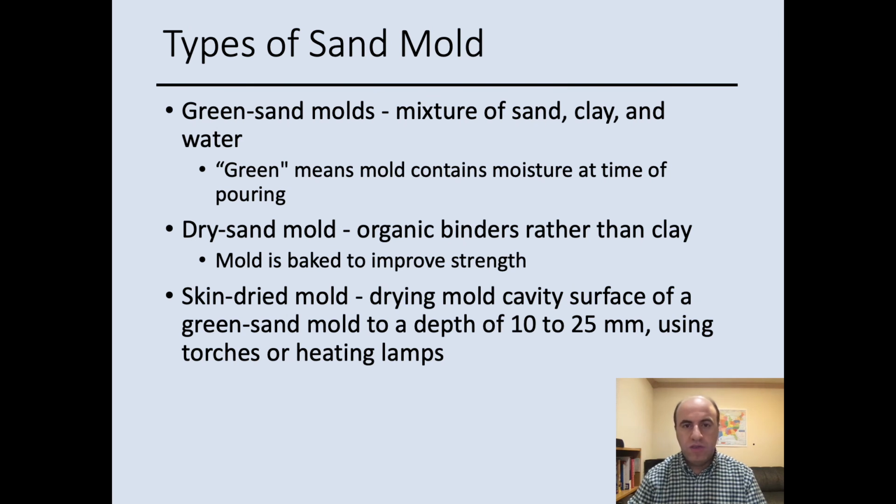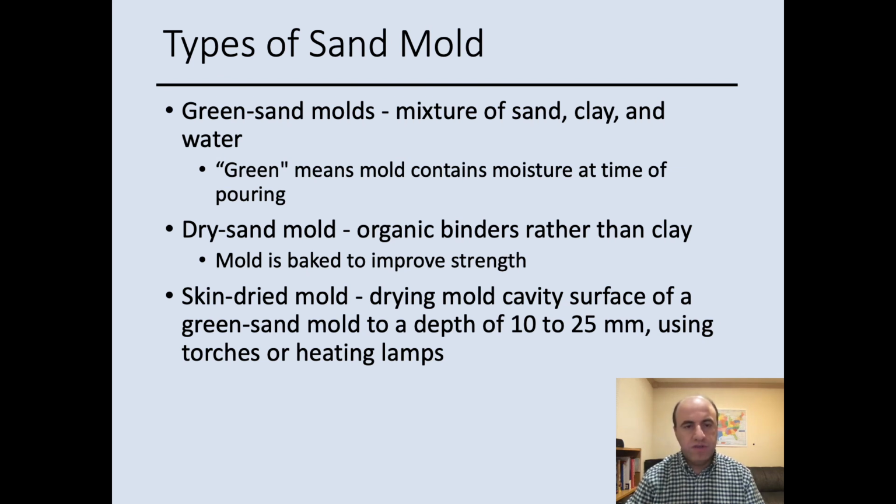There are three types of sand mold. One is a green sand mold, which has a mixture of sand, clay, and water. The word green means the mold contains moisture at the time of the pouring process. The next one is dry sand mold, where we have organic binder rather than clay, and the mold is baked to improve the strength.